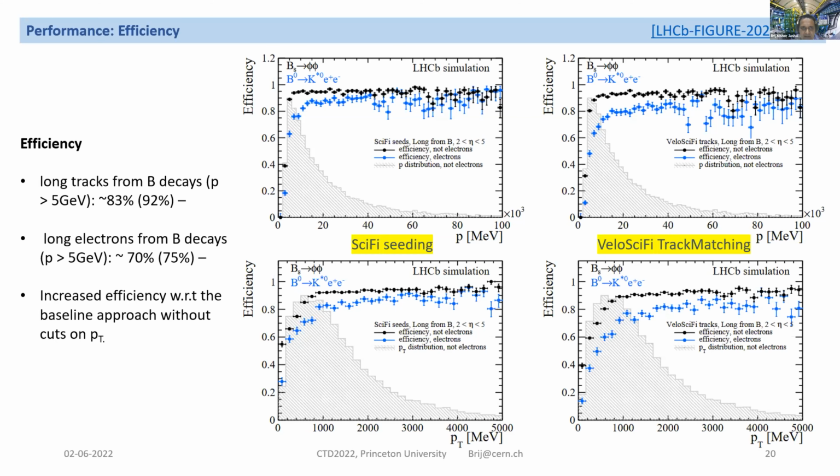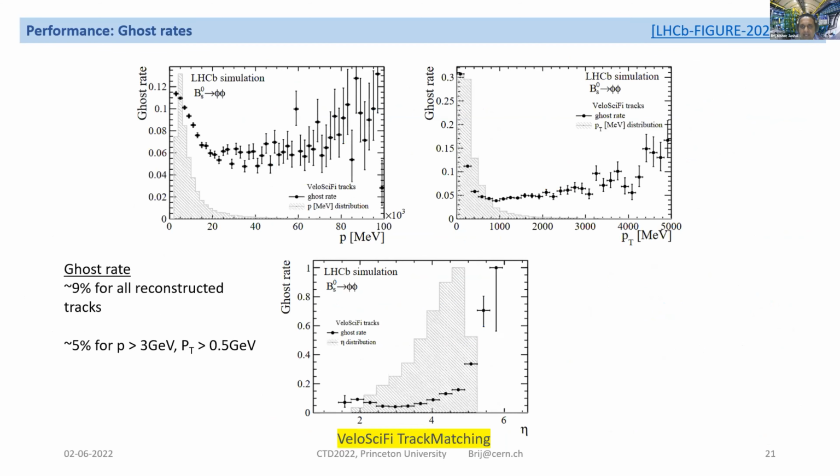There are plenty of other performance plots which I have placed in the backup. If you are interested, you can have a look. We have very manageable ghost rates, up to about 9% for all the reconstructed tracks and about 5% for the P greater than 3 GeV.